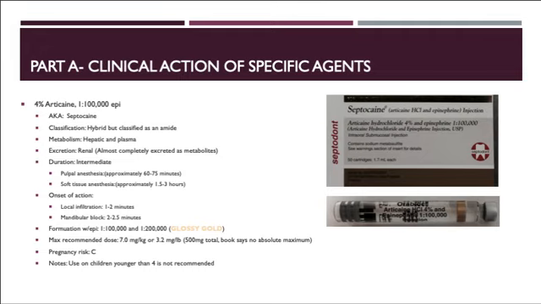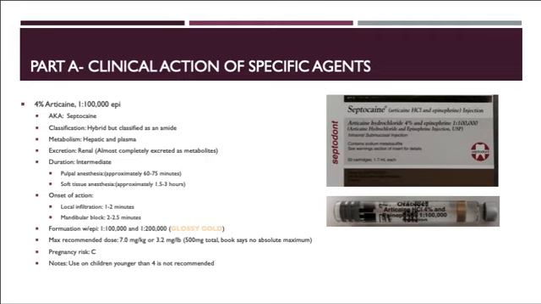Maximum recommended dose is 7 milligrams per kilogram or 3.2 milligrams per pound. There's actually no published absolute maximum for this local anesthetic by the manufacturers, but I usually tell people to go by the 500 milligram total, as well as lidocaine.